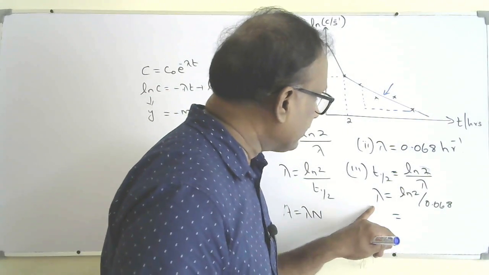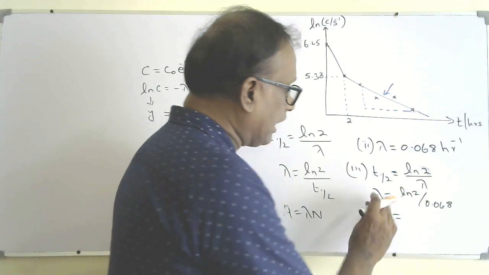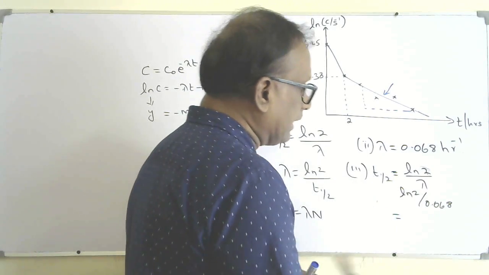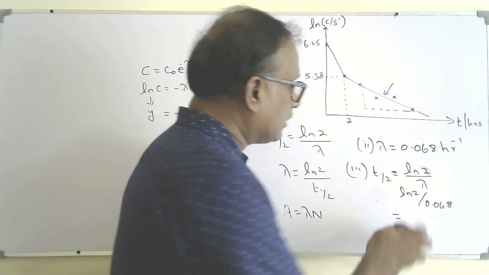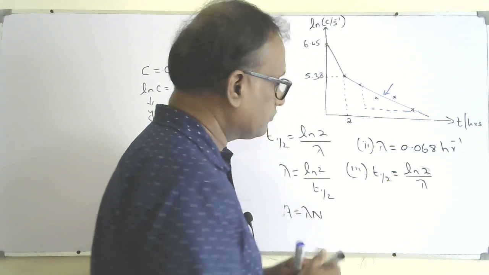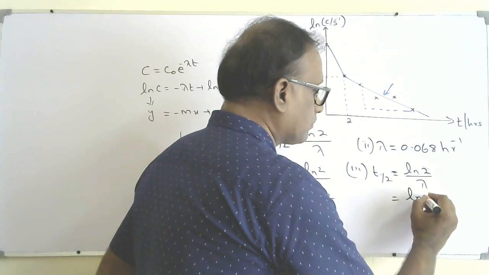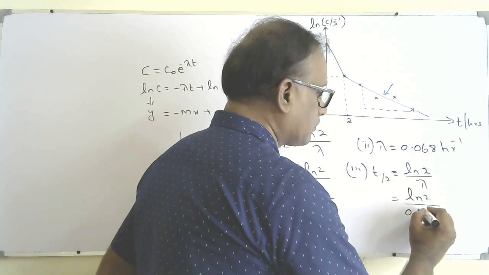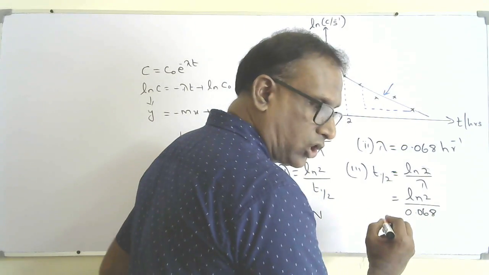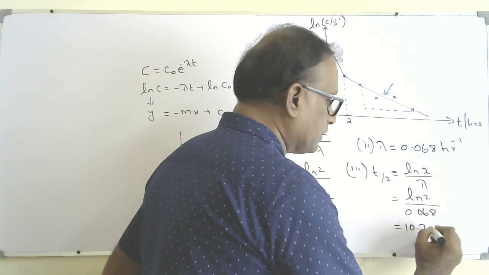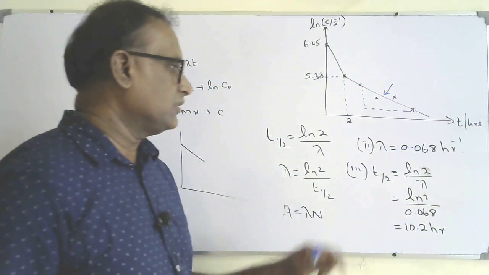We are going to find the half-life now. Half-life will be equal to ln2 over lambda. That will be almost 10.2 hours. You will get it. Okay, that's the answer for third part.